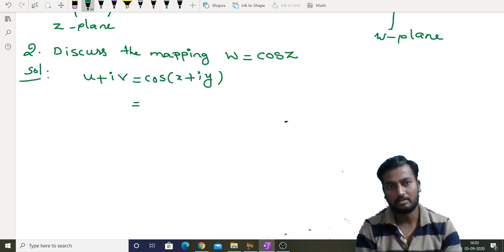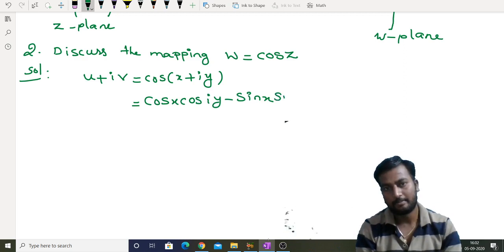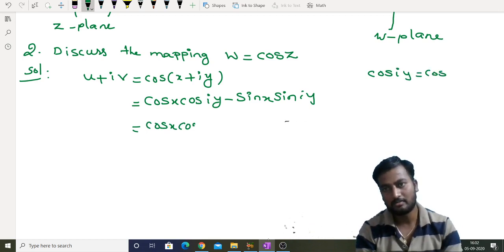Which is equal to, cos of a plus b is nothing but cos a cos b minus sin a sin b. So it is cos x cos iy minus sin x sin iy. Cos iy is nothing but cosh y, and sin iy is nothing but i sinh y.